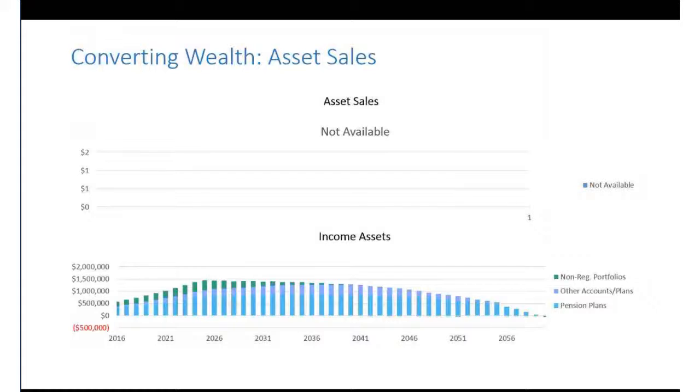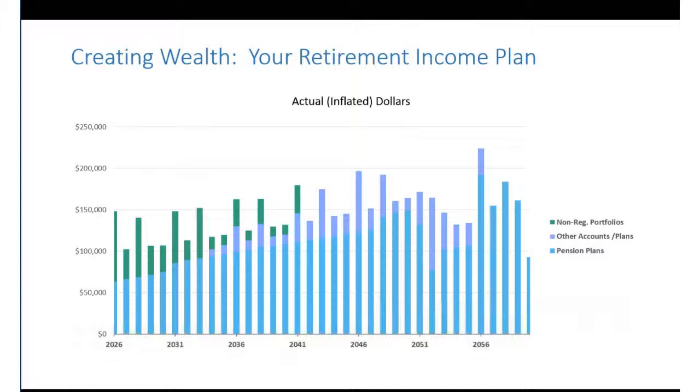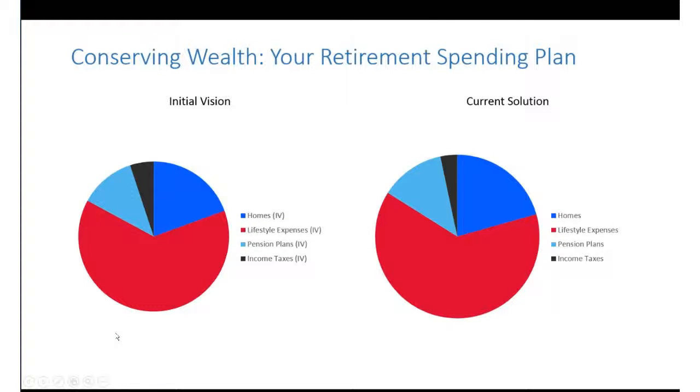And then again, if we go down and we look at income assets, because this is converting wealth, selling a house, for instance, which they're not doing, I wanted the income assets forecast to be over the course of their lifetime, because maybe they downsize the house pre-retirement, and that adds to their income assets. But when it comes to, will I be okay, I'm focusing just from retirement on now.